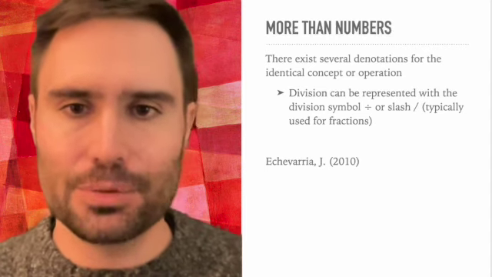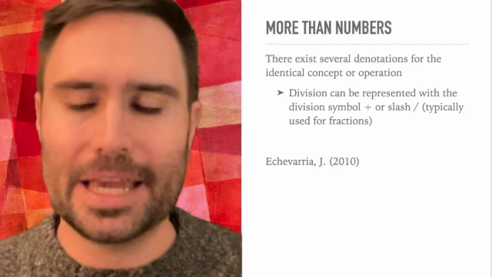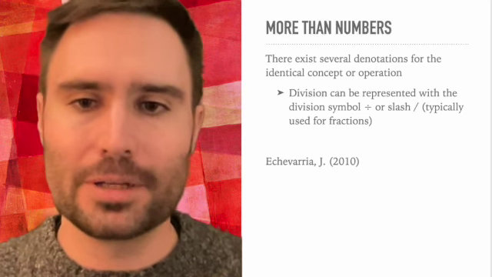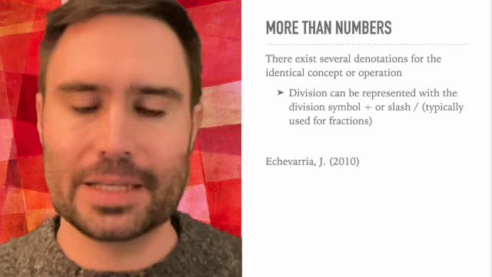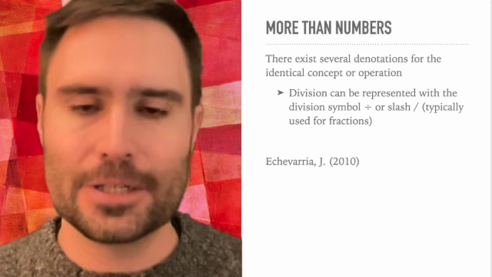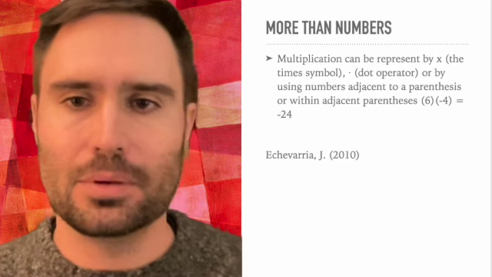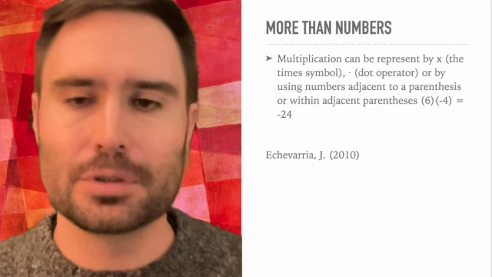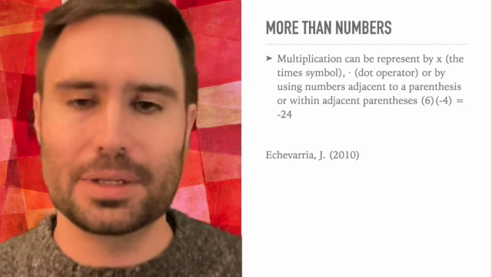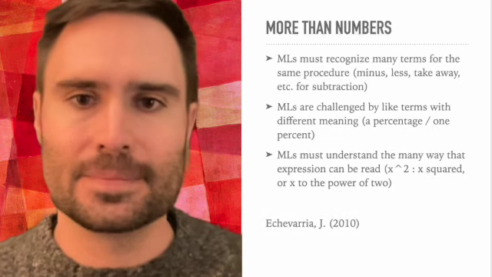The symbols that we use can be more than one for the same procedure, as in the division symbol or slash. Also for multiplication with the times symbol or the dot operator, or even numbers adjacent to parentheses or within adjacent parentheses.